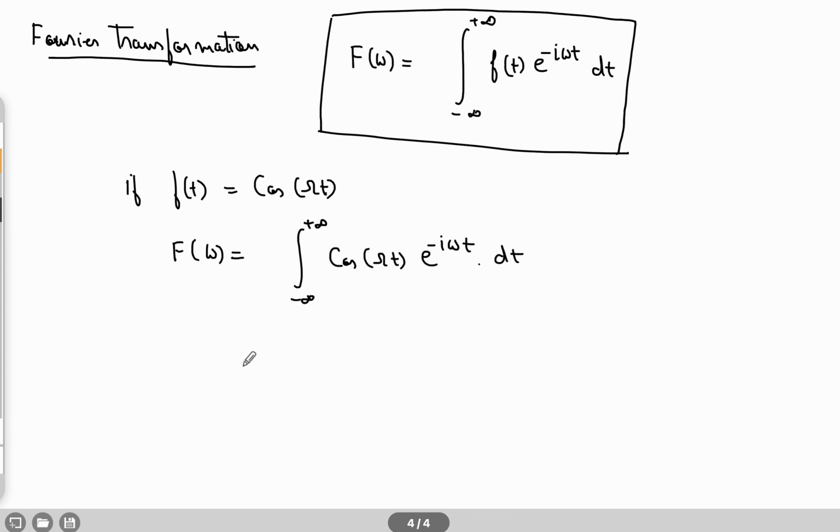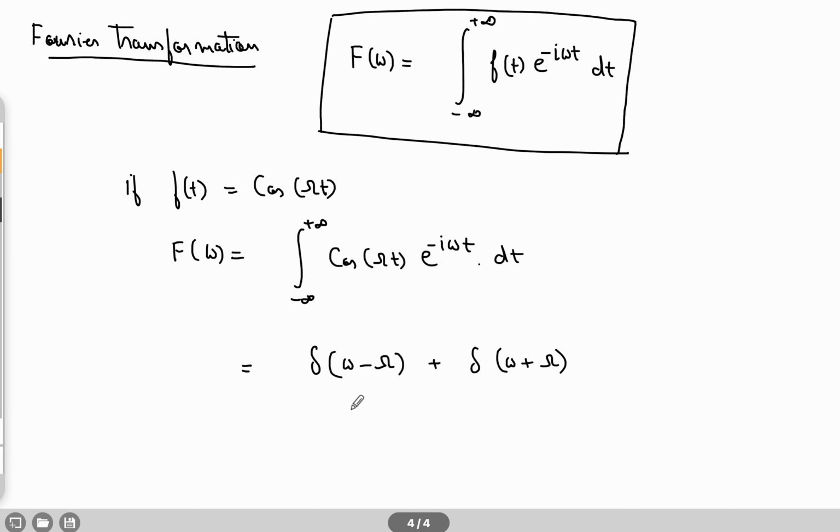Now this, upon solving, gives you delta(ω minus offset) plus delta(ω plus offset).